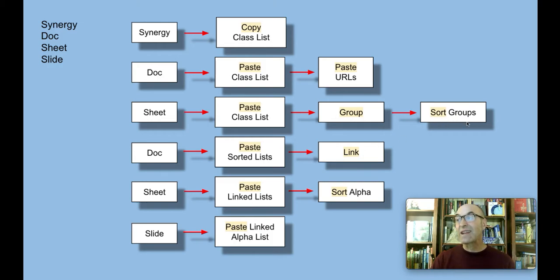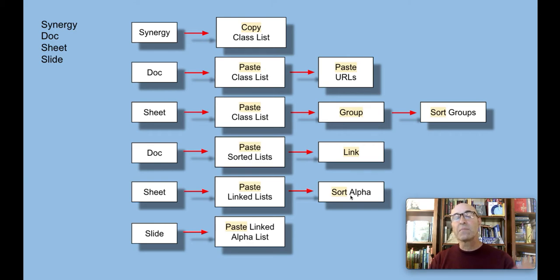I then select those sorted groups and paste them back into my doc so that I can assign the room to those groups. And then I go back and paste those linked names back into my sheet, and then I can sort back to alphabetical.